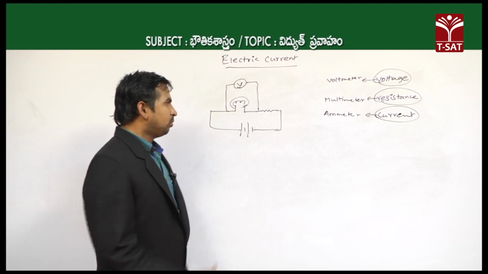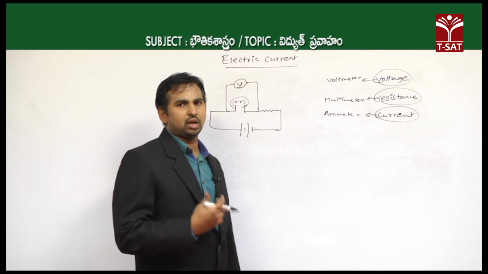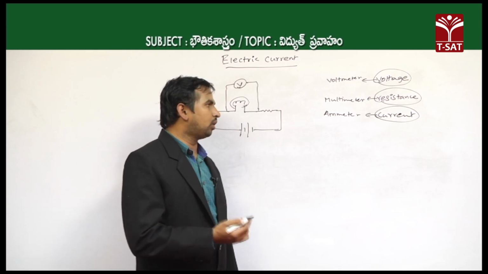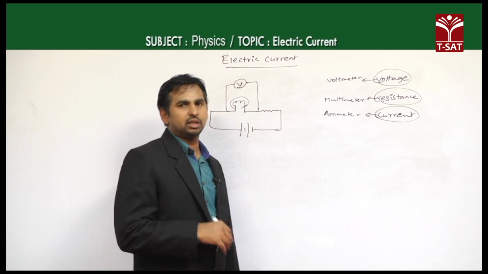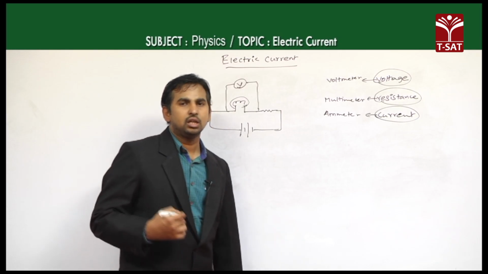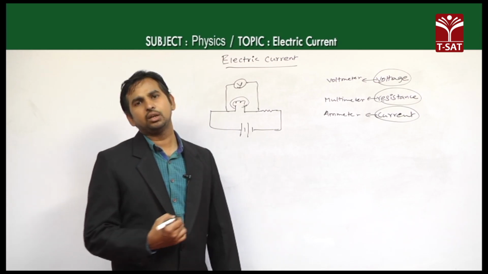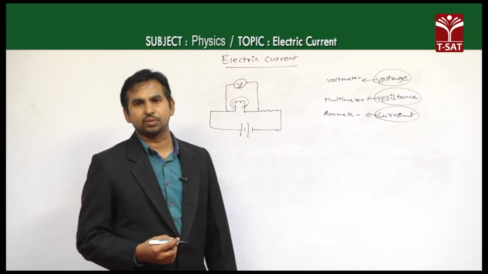So, most of the cases, if you want to use a voltmeter we have to arrange it in parallel. If you want to use the ammeter, we have to connect it in series, because in parallel the voltage value remains the same, and in series the current value remains the same. Okay.